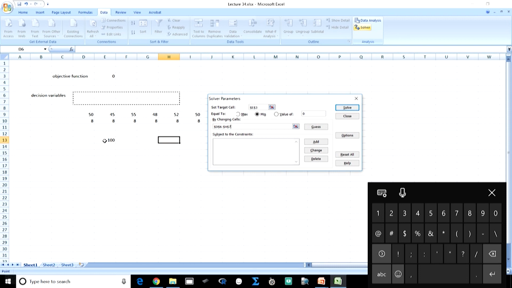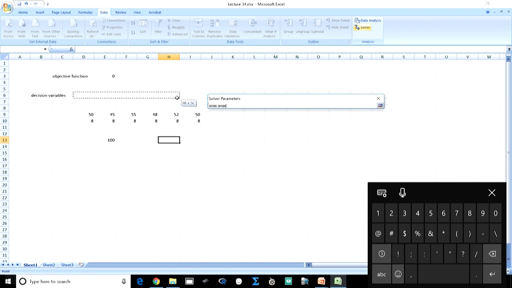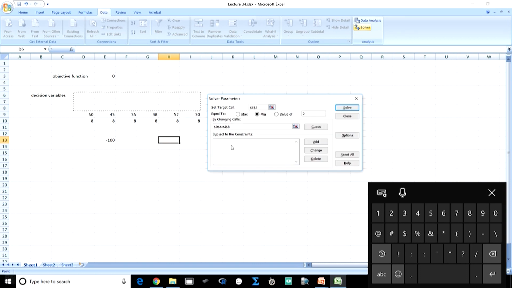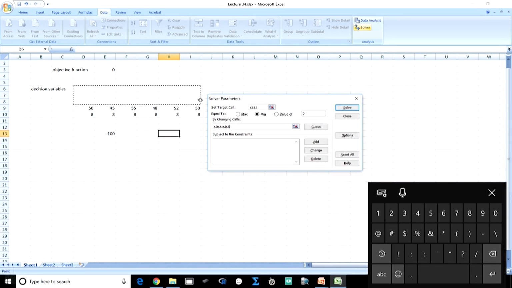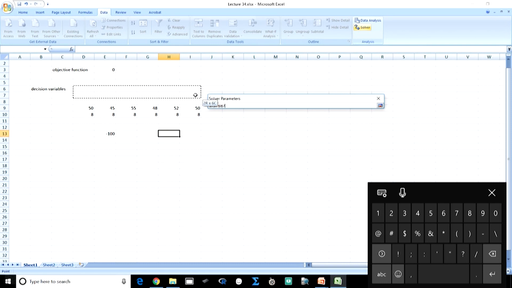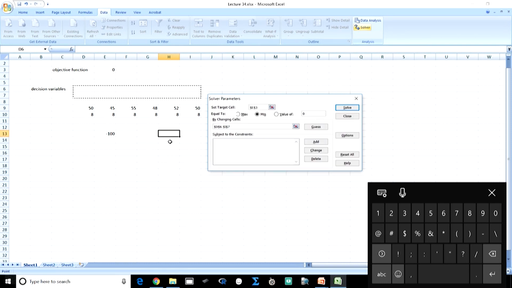Now for the constraint we come to this particular cell, that is, subject to the constraints, and that is the constraint D6 that we have to add.